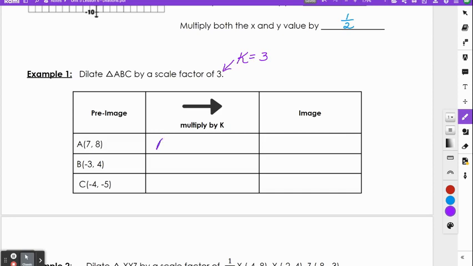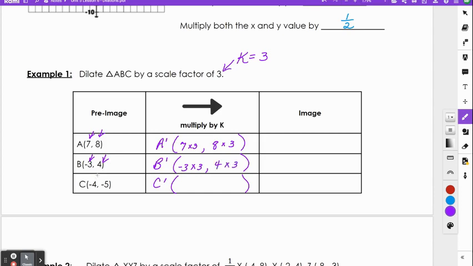So to get our A prime, our B prime, and our C prime, we're going to do 7 times 3 and 8 times 3. Our x part and our y part times 3. Then for B prime, we're going to do negative 3 times 3 and 4 times 3.